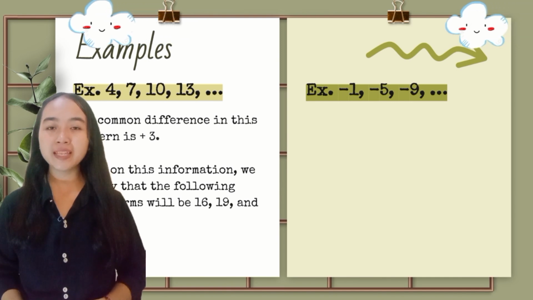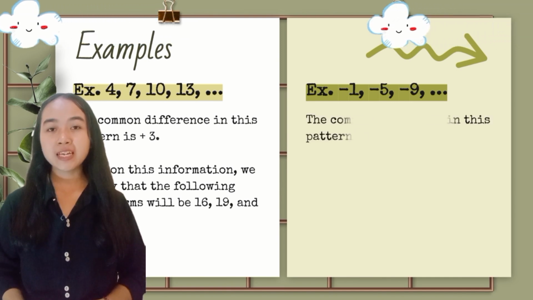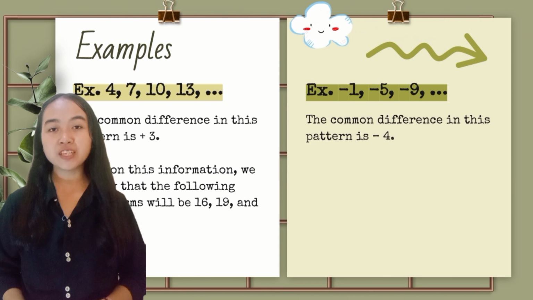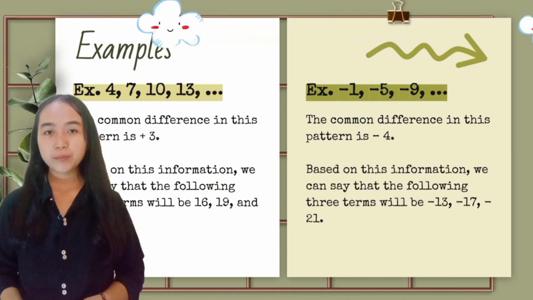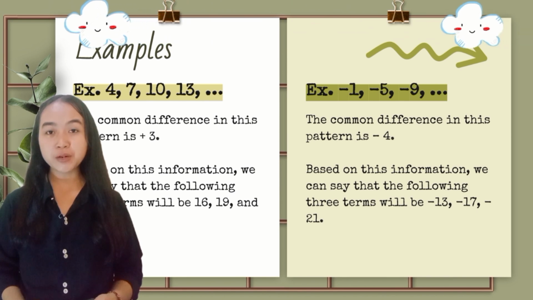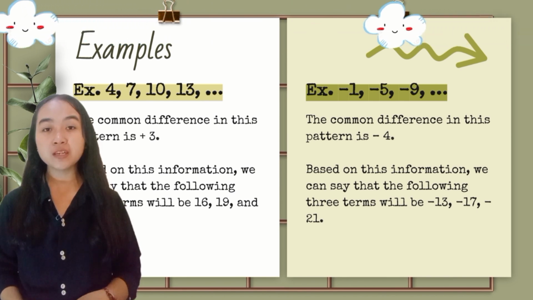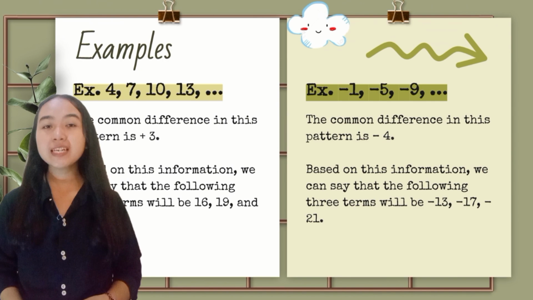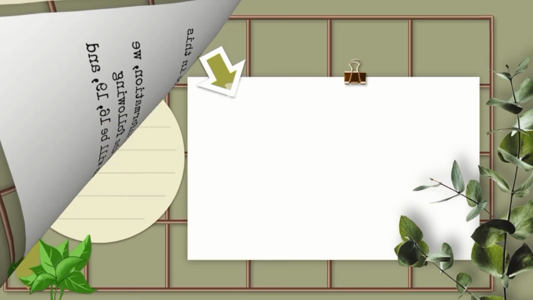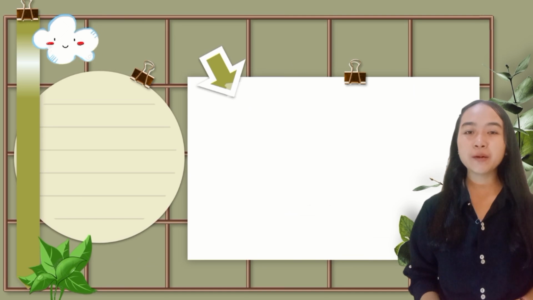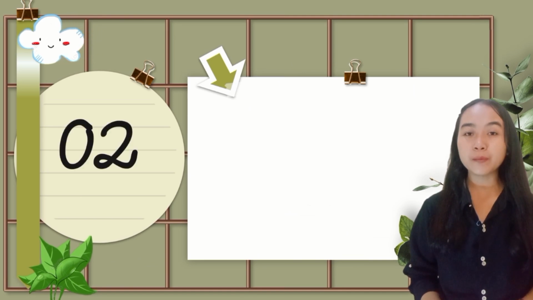The second example is negative 1, negative 5, negative 9, and so on. The common difference in this pattern is negative 4. Based on this information, we can say that the following 3 terms will be negative 13, negative 17, and negative 21. Awesome!